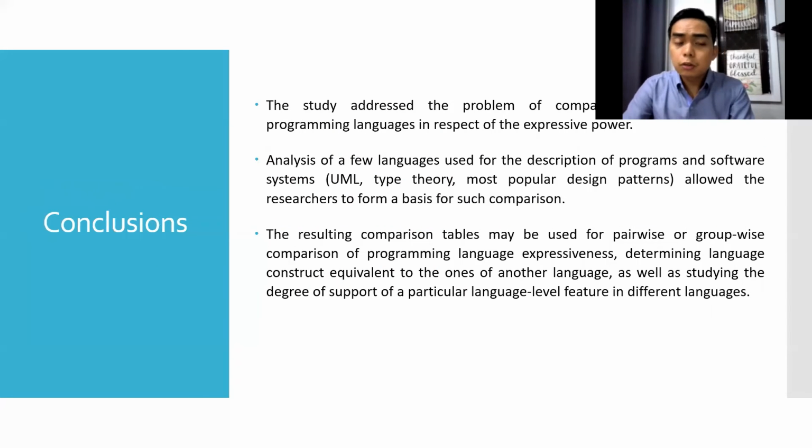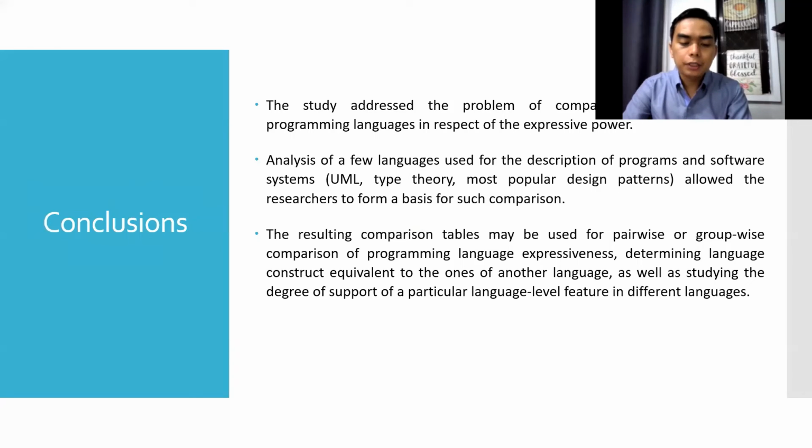Now we are down to the conclusions of the study. The study addressed the problem of comparison of object-oriented programming languages with respect to expressive power, for example, their ability to express ideas in terms of which programmers think about their programs.